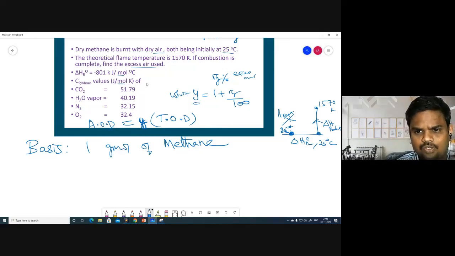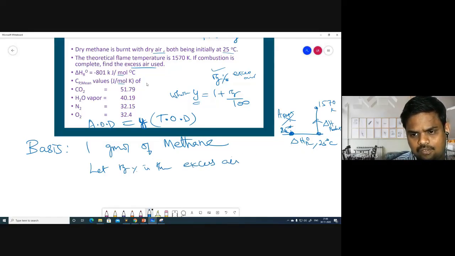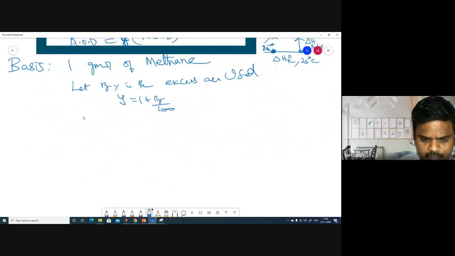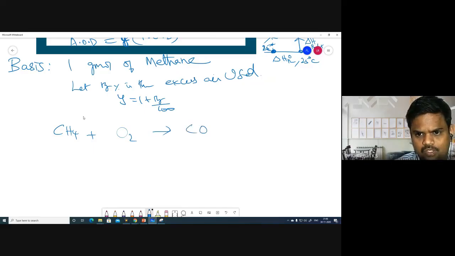So this we have, you should know, let Z percentage be the excess air used. Okay, then y is equal to 1 plus z by 100. Okay, so we can write the reaction now. What is methane burnt means, CH4 will be burnt with oxygen to form, you know, for all hydrocarbons, combustion products are carbon dioxide and water.